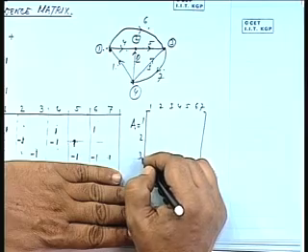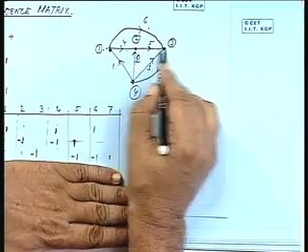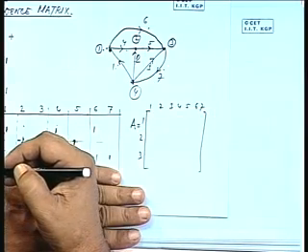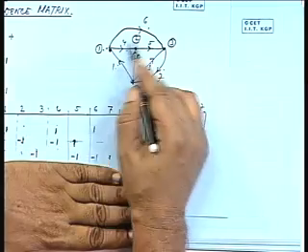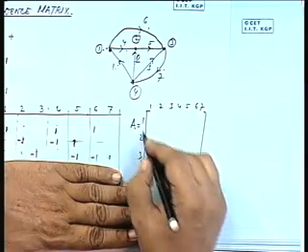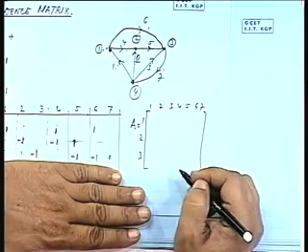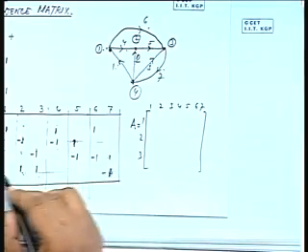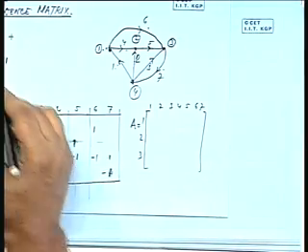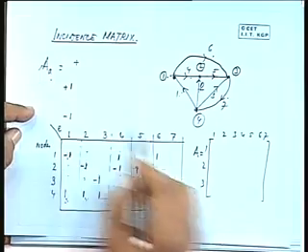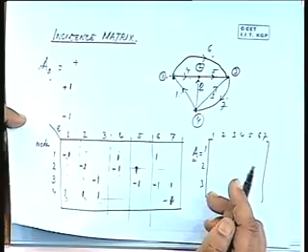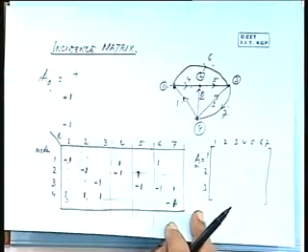That means the number of nodes will be 1 less than the given number of nodes in the original graph. So you can fill it up. Delete any of the rows of the matrix and you will get the matrix A. This is the commonly used incidence matrix, we call it A matrix.